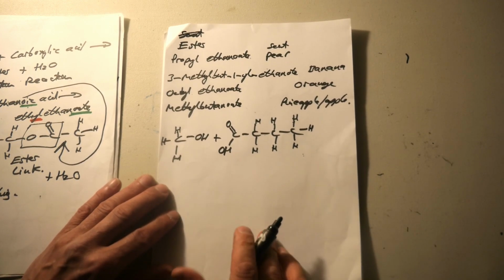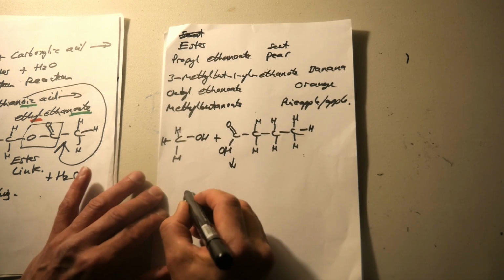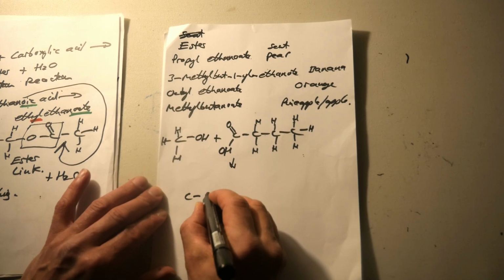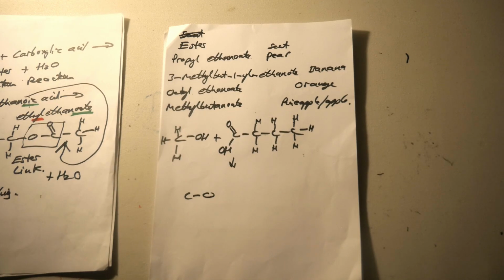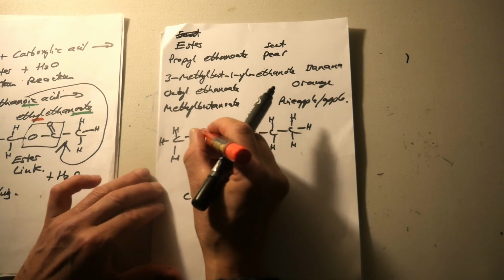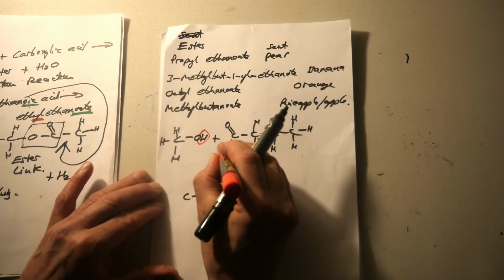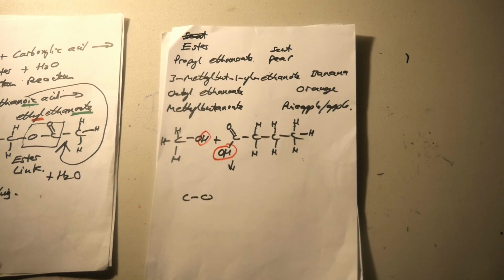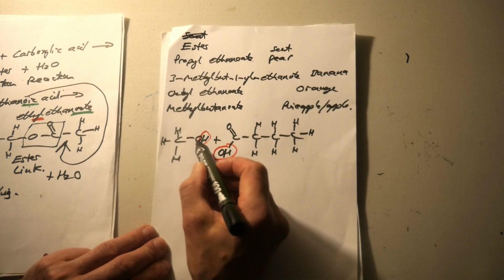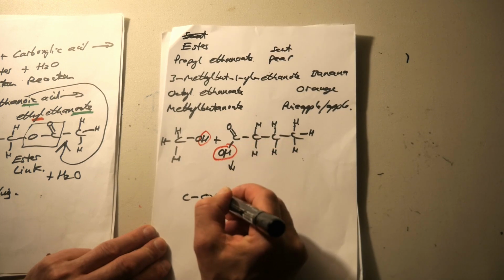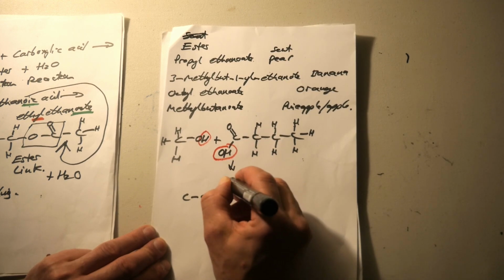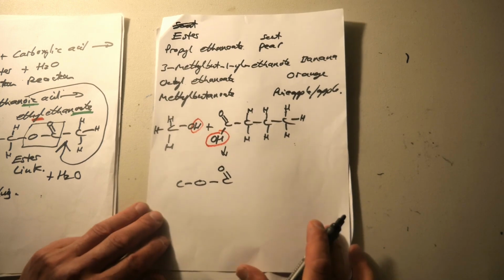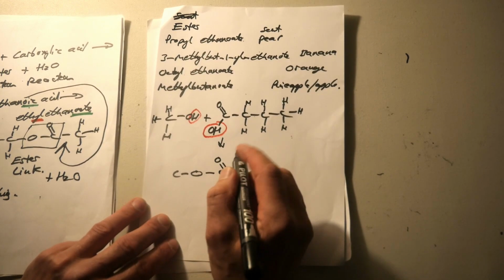So to show you how these work, if you take methyl, okay, and these react to form, so this hydrogen here, so that hydrogen and that OH group come off, okay? So you get that oxygen forming a bond with the carbon, and the double bond oxygen of the carboxylic group.